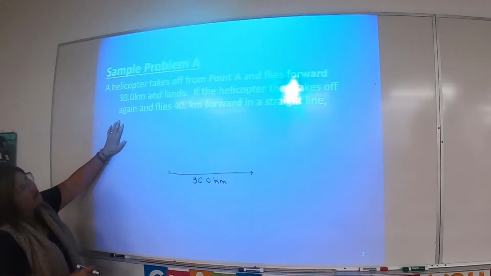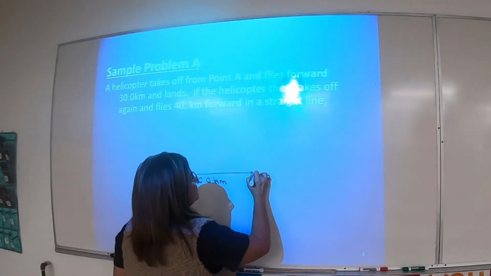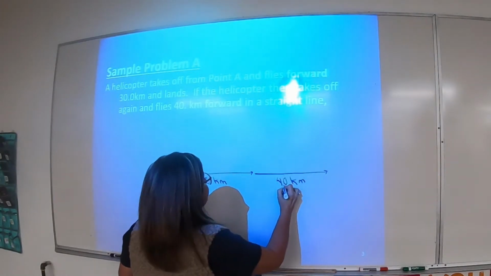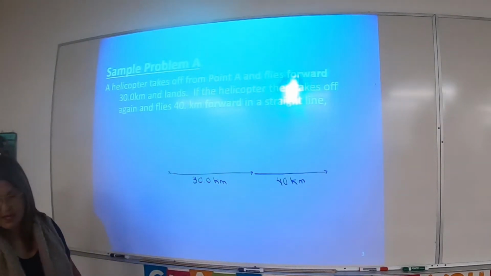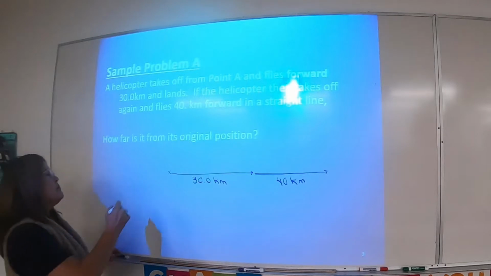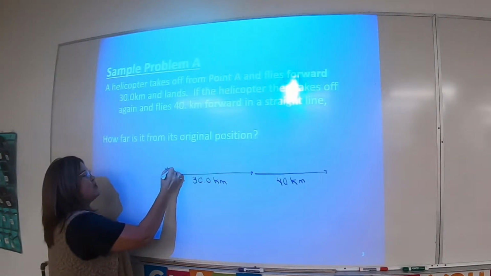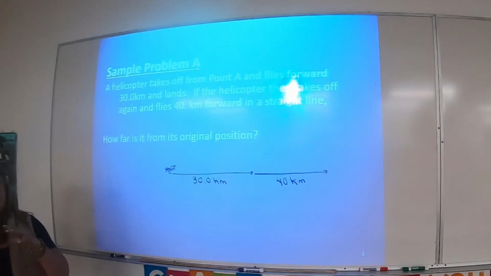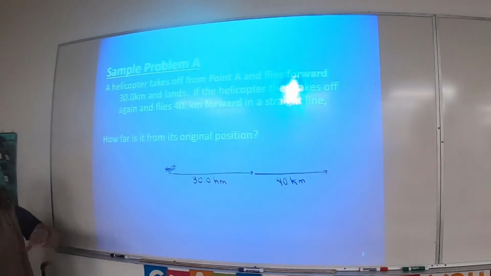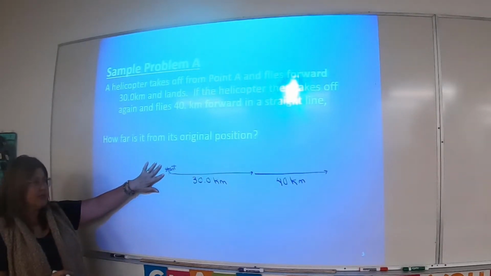Then it says the helicopter takes off again and flies 40 kilometers forward in a straight line, so another 40 kilometers. The question is how far it is from its original position. So put an X at the start point. You don't have to use the word start after you're good at that, but until then, the X represents the start point.